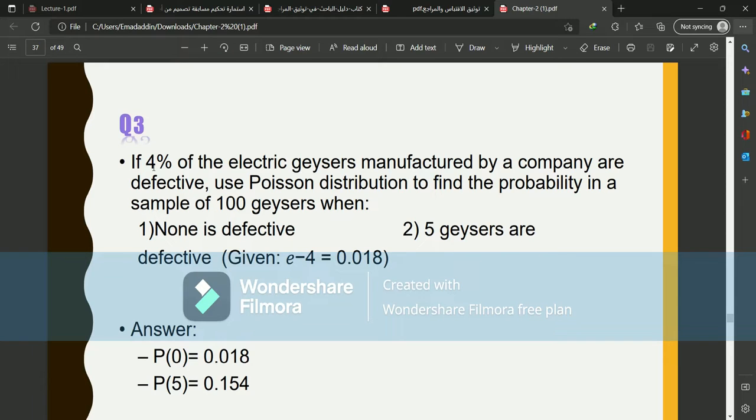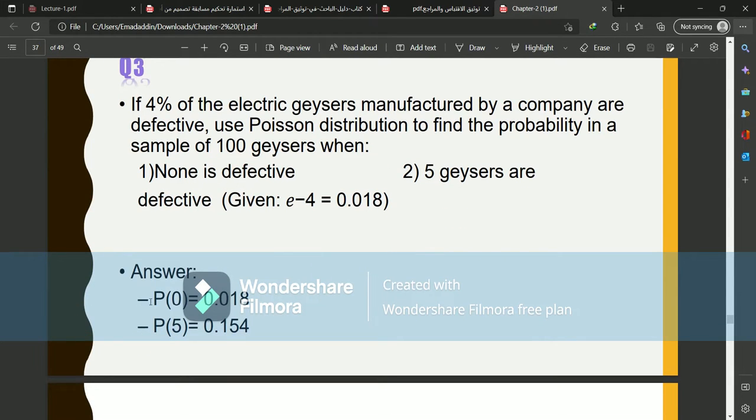Question 3. If 4% of electric geysers manufactured by a company are defective, use the Poisson distribution to find the probability, in a sample of 100 geysers, that 0 and 5 geysers are defective, given e to the power of negative 4 equals 0.018.